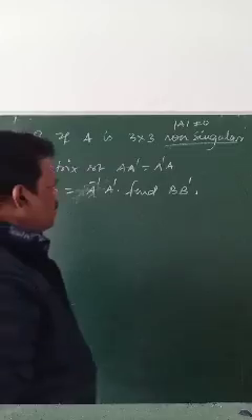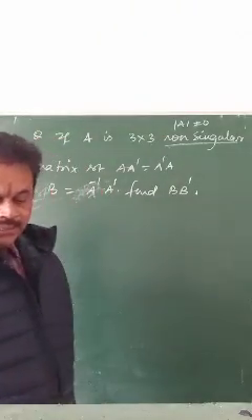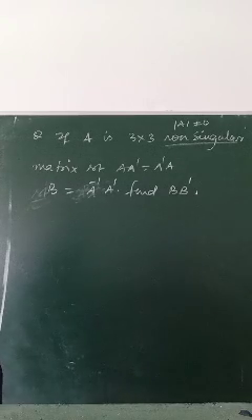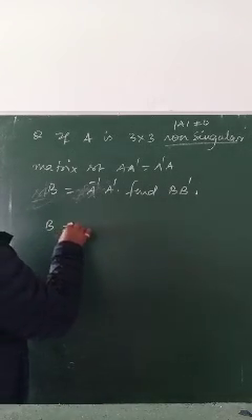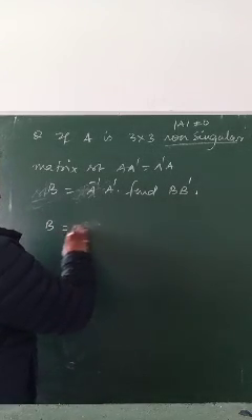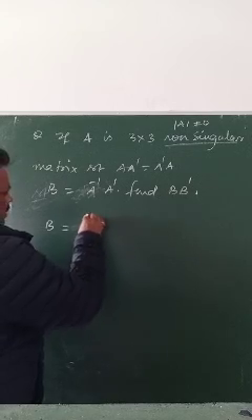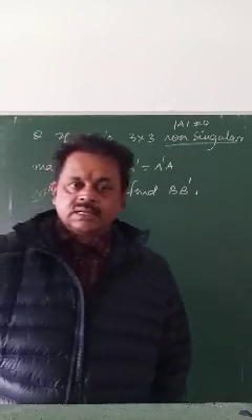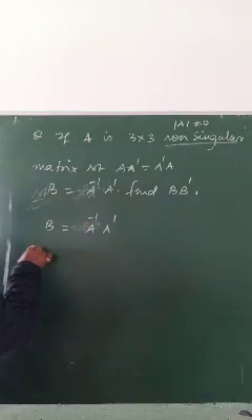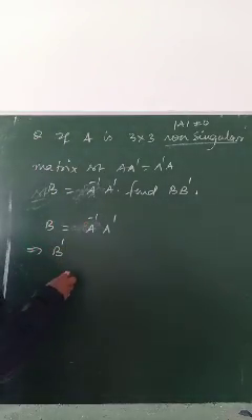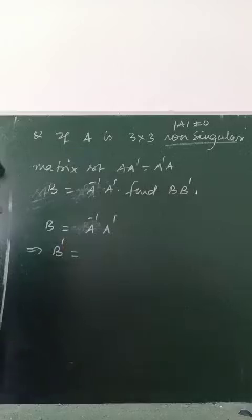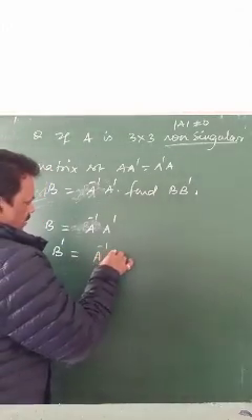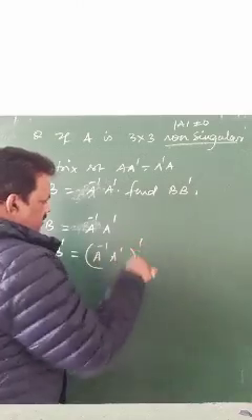Okay, so how to start? B equals A inverse A transpose. Let's take transpose on both the sides. B transpose equals the transpose of A inverse A transpose.